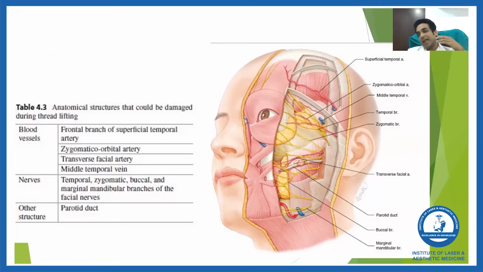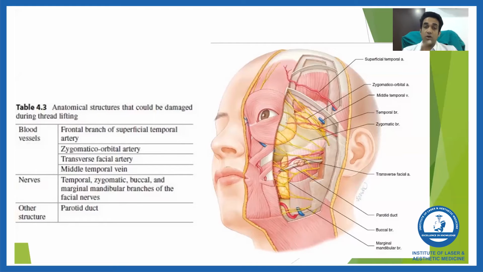The reason is that anything which is over this fascia, all over your face, where you're trying to put a thread, needle, or cannula inside the skin, or even fillers or Botox, you are very susceptible to injure any structure which is traversing in an oblique fashion. There are not a lot of things that pass obliquely on the face, but to name a few, these are the few anatomical structures that could be damaged during thread lifting.